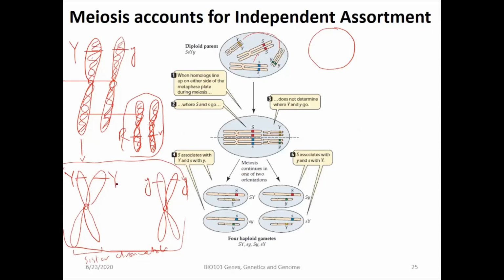So now you can see yellow and green, they align on the spindle fiber, yellow and green. Only homologs pair. It will never be this chromosome pairing up with this and this one with this. Only homologs pair. The chromosome pair which contains round and wrinkled, they also pair.